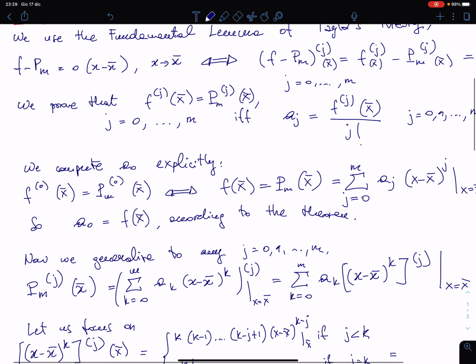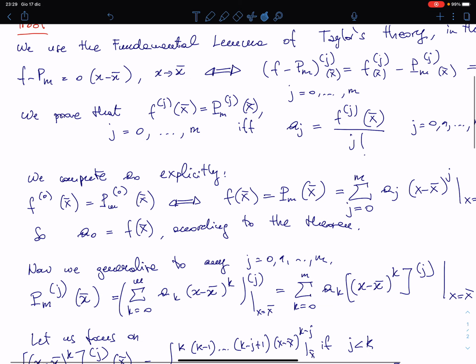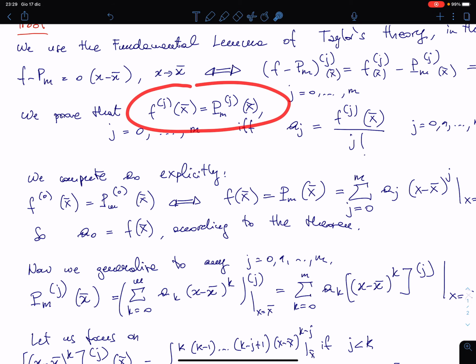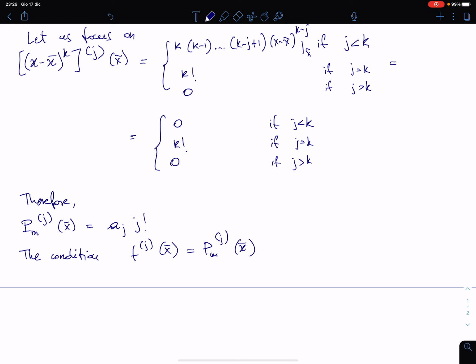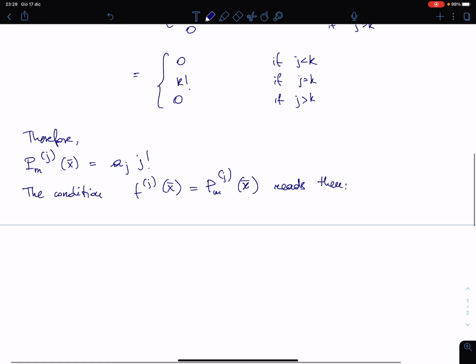Okay, now we impose this condition here. The condition fj of x bar equal to pmj of x bar reads then aj equal to pmj of x bar divided by the factorial of j.